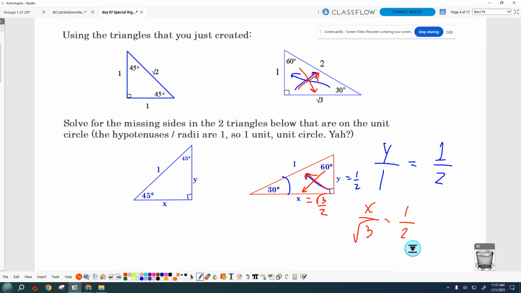Why are you using the number across from 90? Because in that triangle on the bottom right in red, it's the only number I know. I have an x and a y and a 1. I need to use the number that I'm given versus the other unknowns. I'm trying to figure out the unknowns.